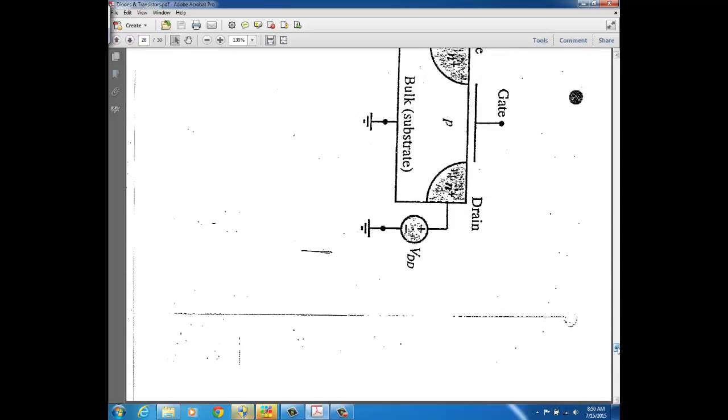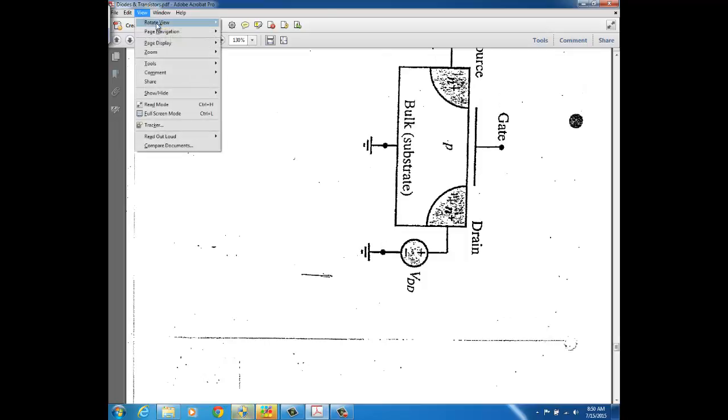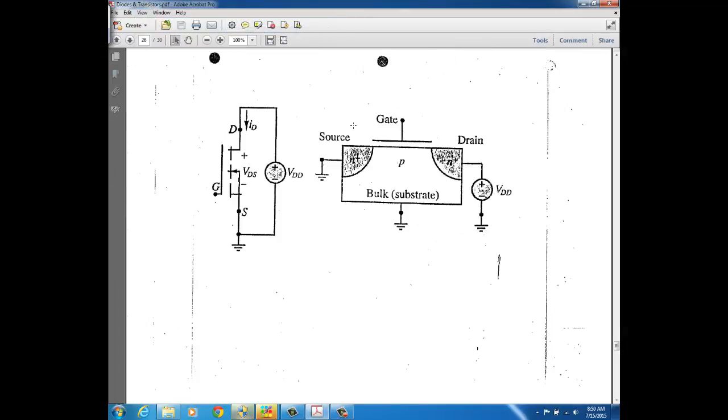If we go back to the first slide, not shown on this slide but very important: in the fabrication of a MOSFET, they always put silicon oxide between the gate contact and the body of the MOSFET.